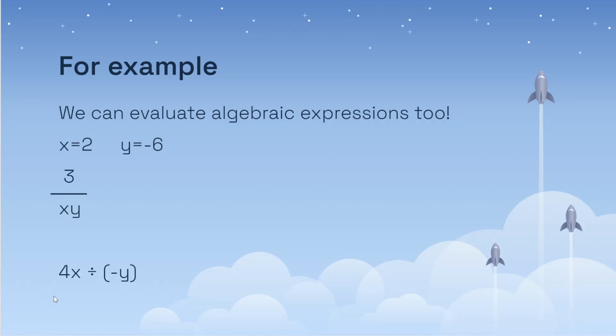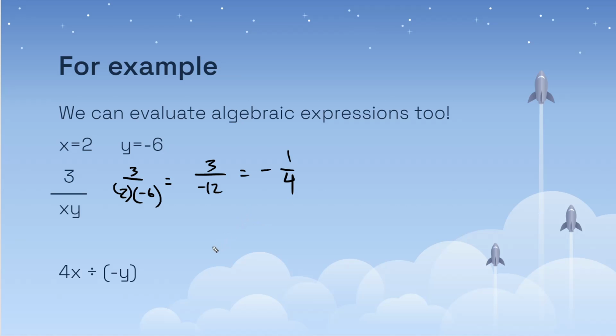We can evaluate algebraic expressions too. Don't forget about the algebraic expressions. Again, we have here xy, where x is 2 and y is -6. So 3 over 2 times -6. 2 times -6 is -12. This would be -1 over 4, right?